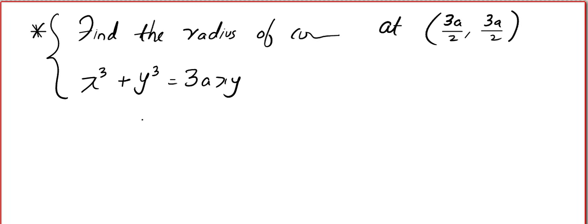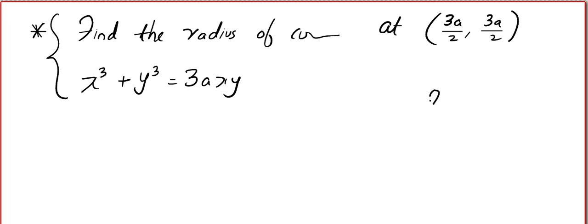The difference is, this is not parametric, this is still a Cartesian equation, but it is in implicit form. Implicit form means x and y will be mixed up. In the questions we did in the previous video, everywhere y was given as a function of x. But here you can see that all the variables are mixed up.